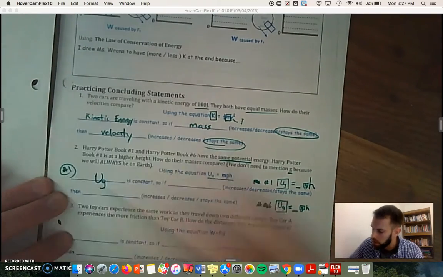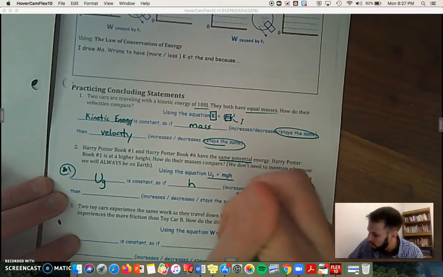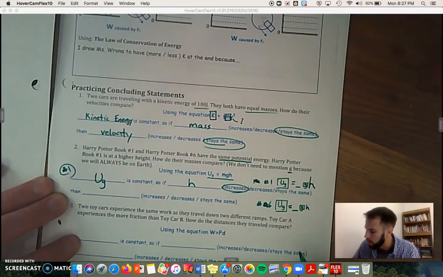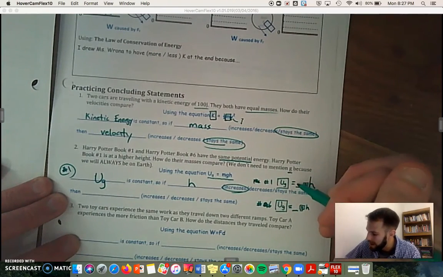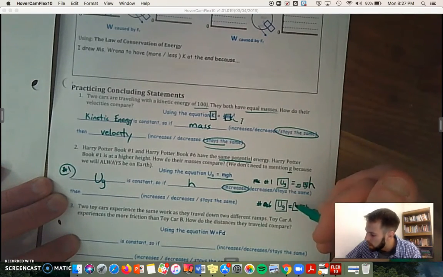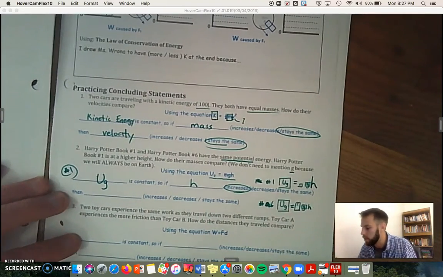If height increases, then what's going to happen to mass? Well, my mass would have to go down, right? If this is going to be a smaller height, this mass would have to go up in order for both of these scenarios with different masses and different heights to still equal the same potential energy.